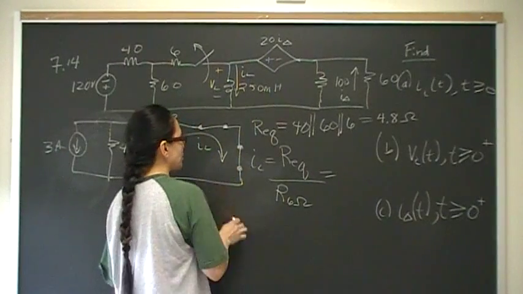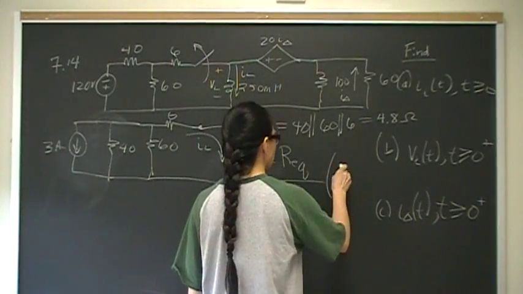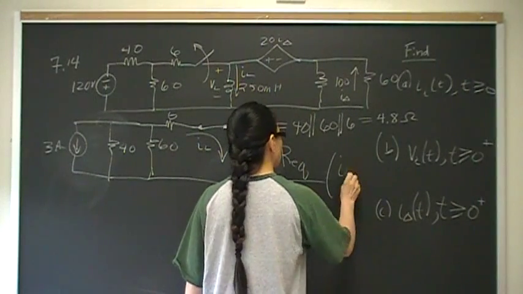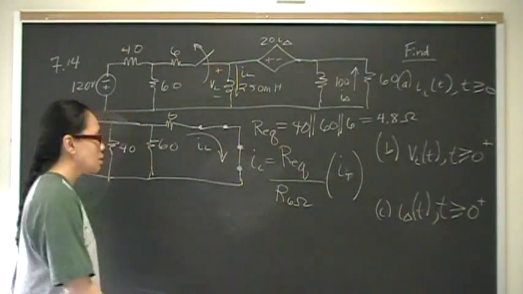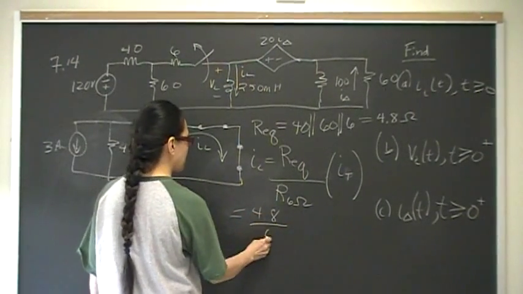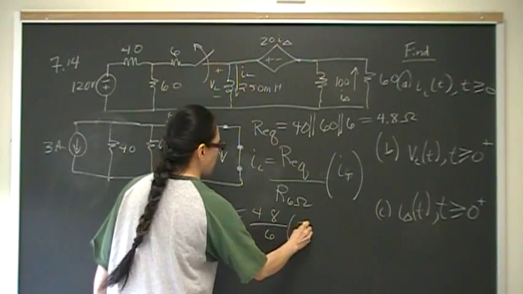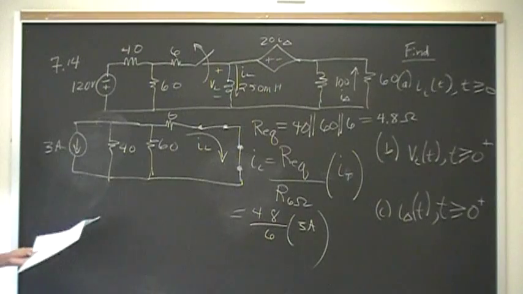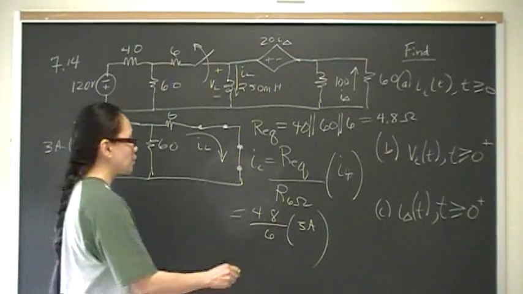That's the branch that we're interested in, and that's going to be times the total current. So in our case, that's 4.8 ohms over 6 times 3 amps. All right, so that should give you a value of 2.4 amps.